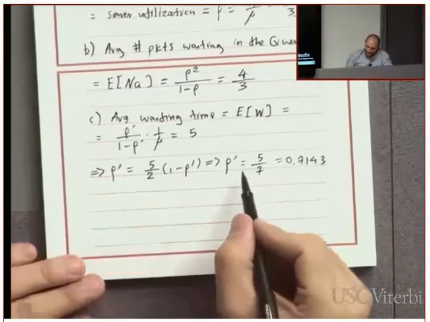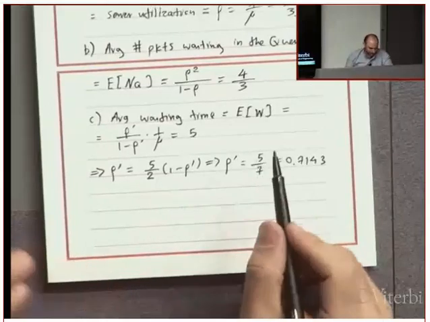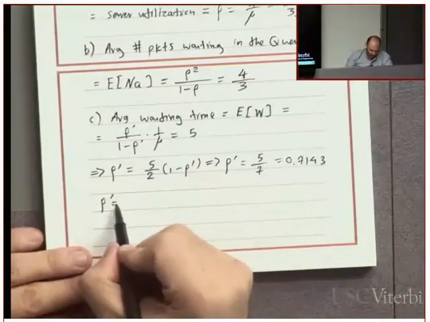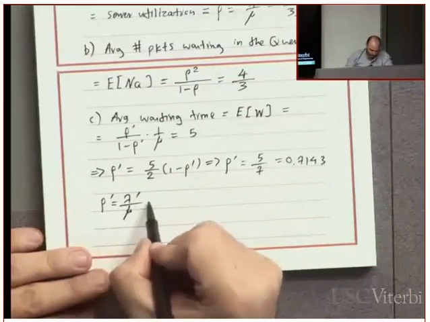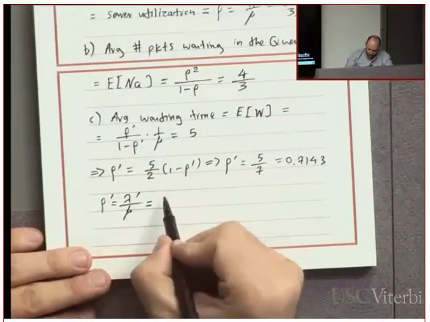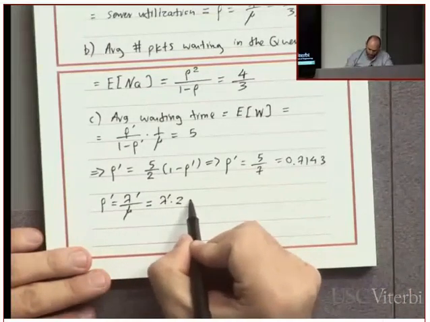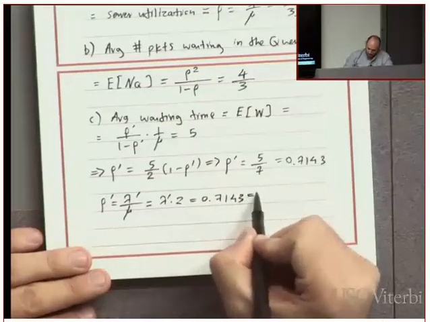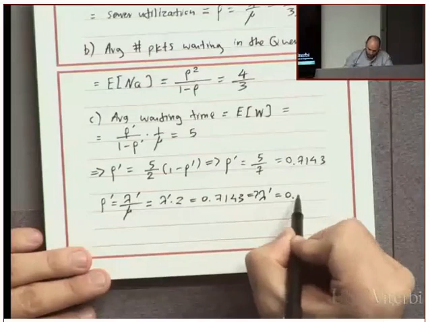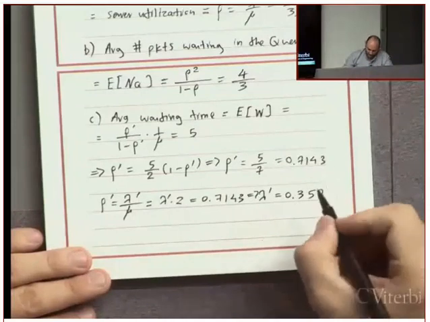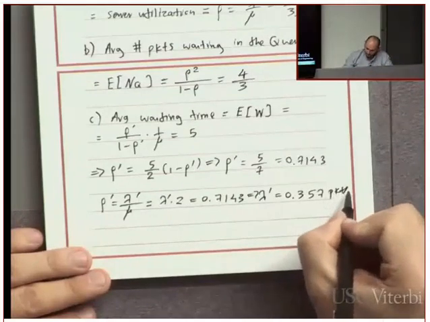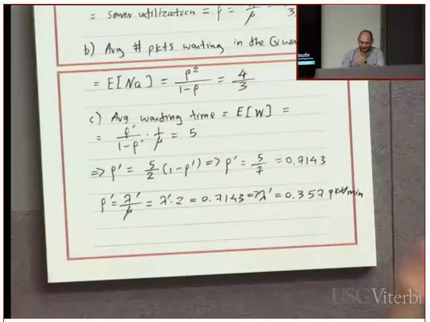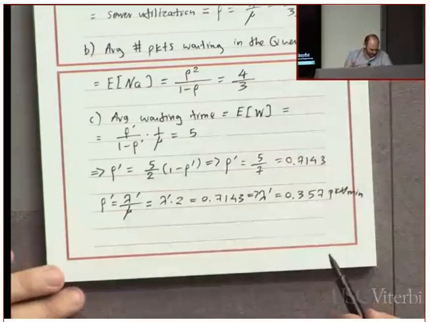So in this case, rho prime is going to be that much, which gives that rho prime is equal to lambda prime over mu, which is equal to lambda prime times 2, and this is equal to 0.7 from above here, which gives that lambda prime is equal to 0.357 packets per minute. Okay, and do you agree with that?